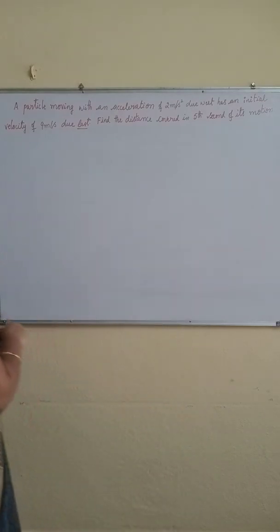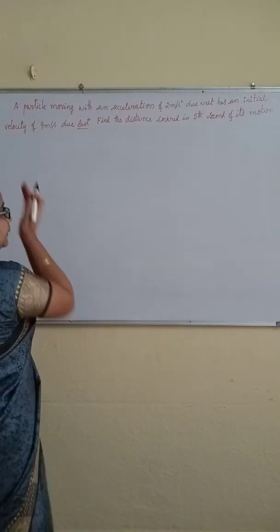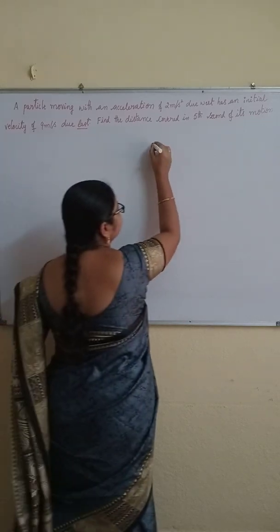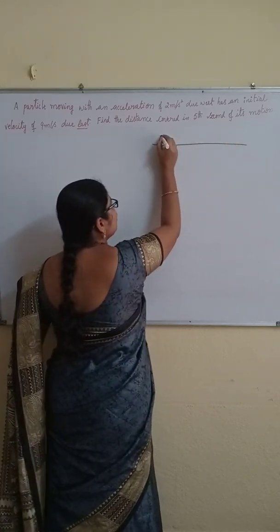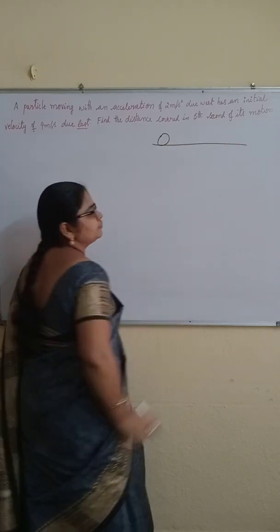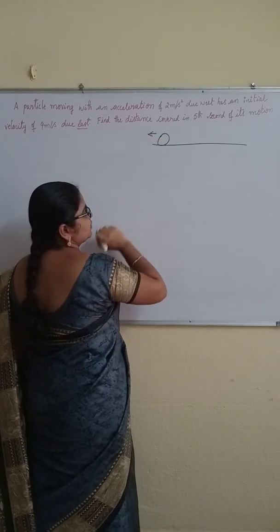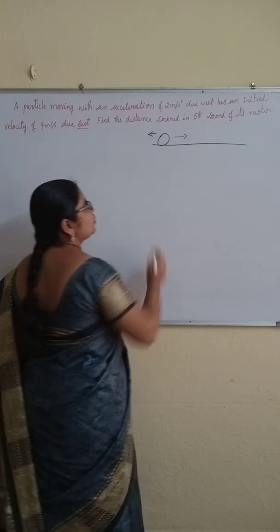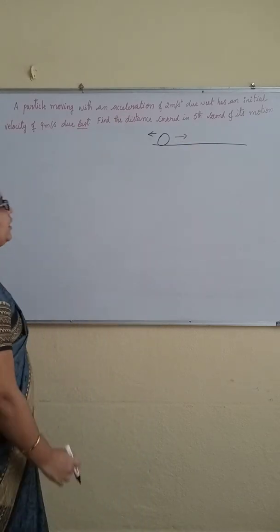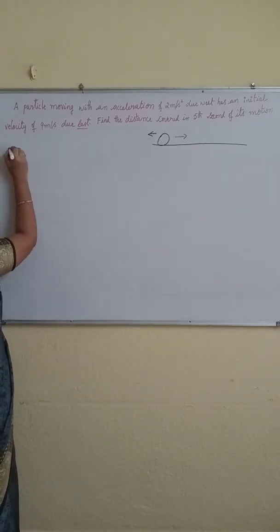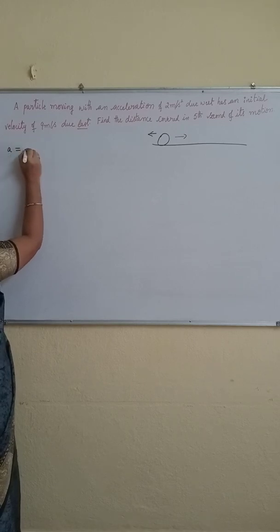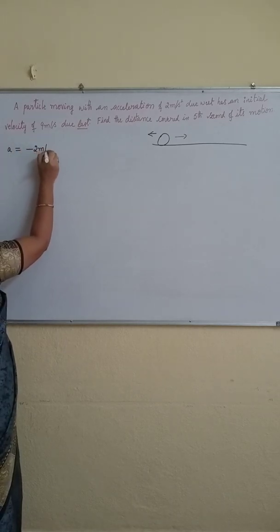Now let's see. Here this is the object, right? Its acceleration is towards west, initial velocity is towards east. Now here the acceleration value, how much? Minus 2 meter per second square.